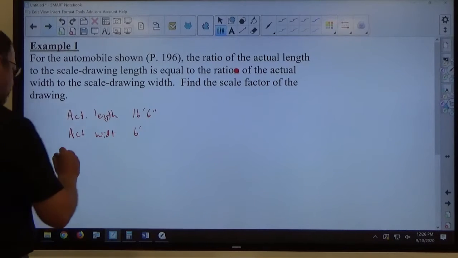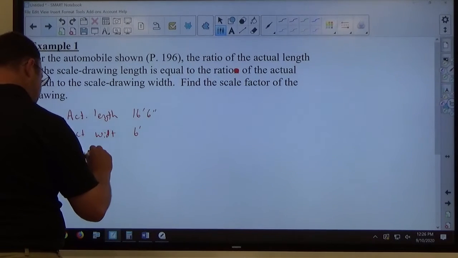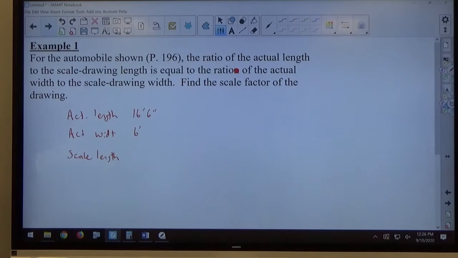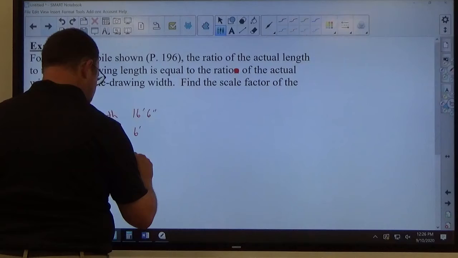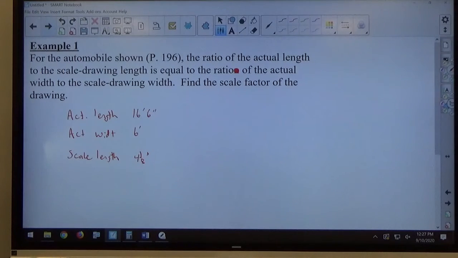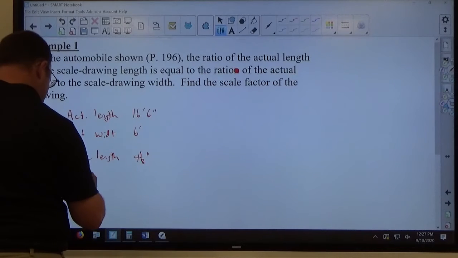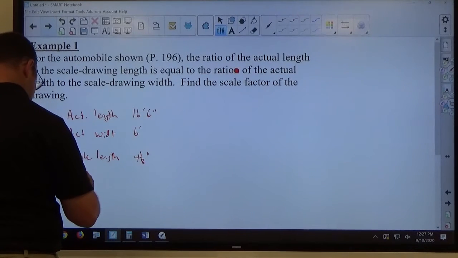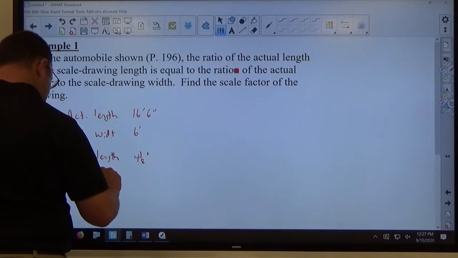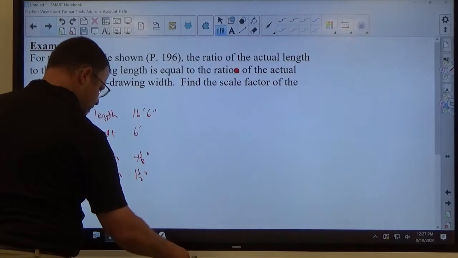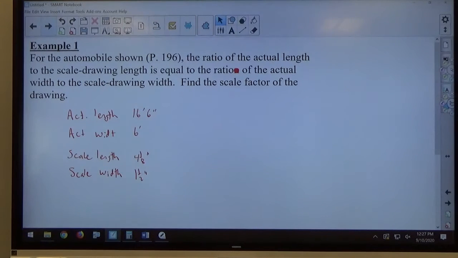So the scale length is 4 1/8 inch. And the scale width is 1 1/2 inch. Okay, so writing down all the pertinent information here.